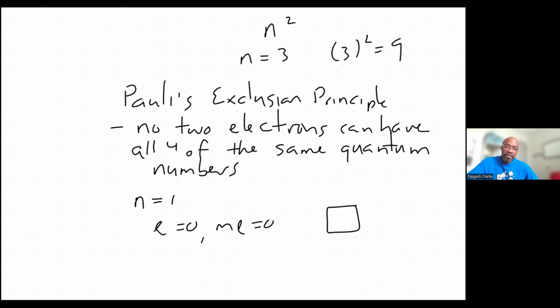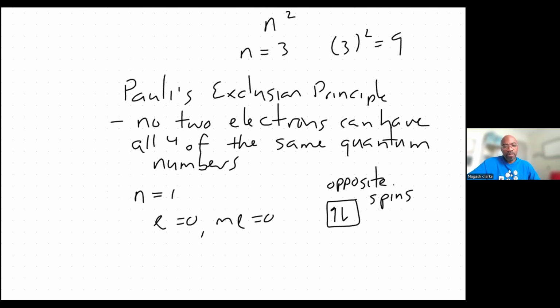If 2 electrons occupy this level, they can have the same n, l, and m sub l, but they must have opposite spins. That's how we see an application of Pauli's exclusion principle. The spins must be opposite.